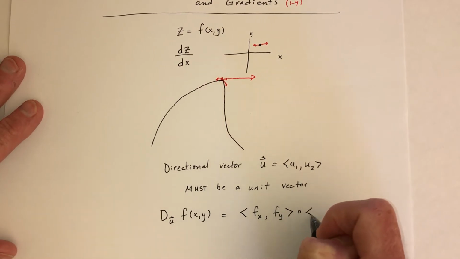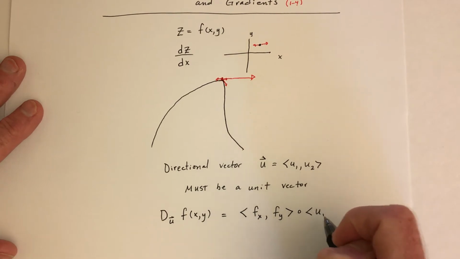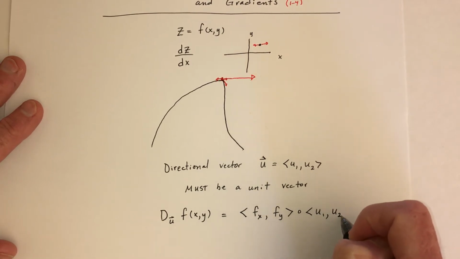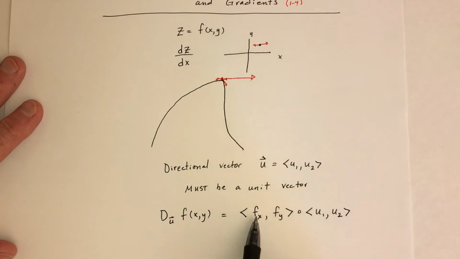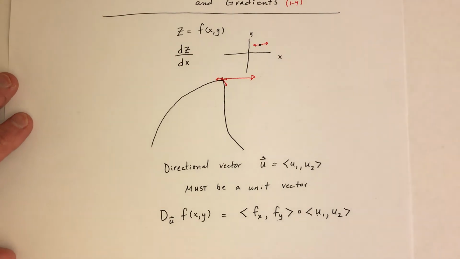And then take the dot product with the unit vector. So just multiply the first component with the first component plus the second component with the second component. That's the directional derivative.